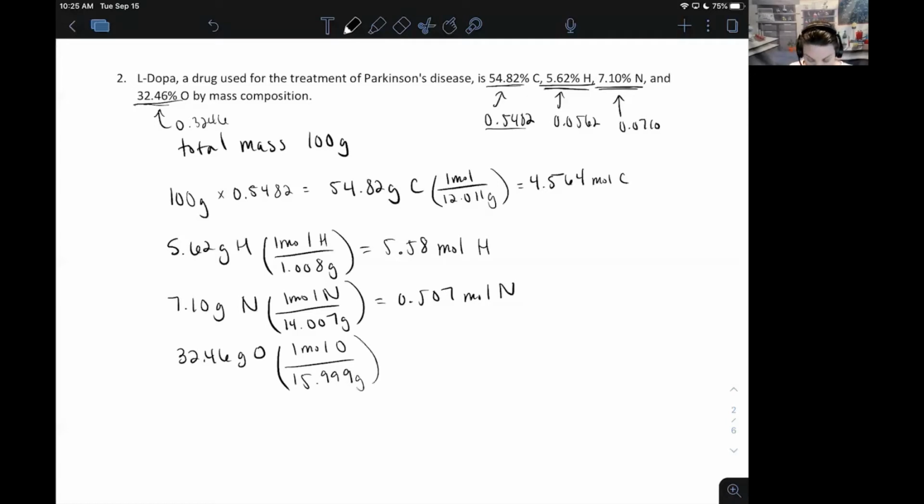So 32.46 divided by 15.999 gives us 2.028 moles of our oxygen. And now we can divide by our smallest number, which is nitrogen. So we'll take and divide by 0.507.